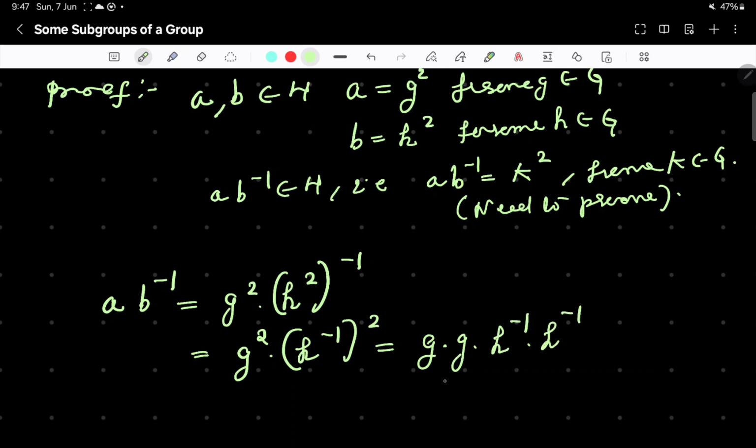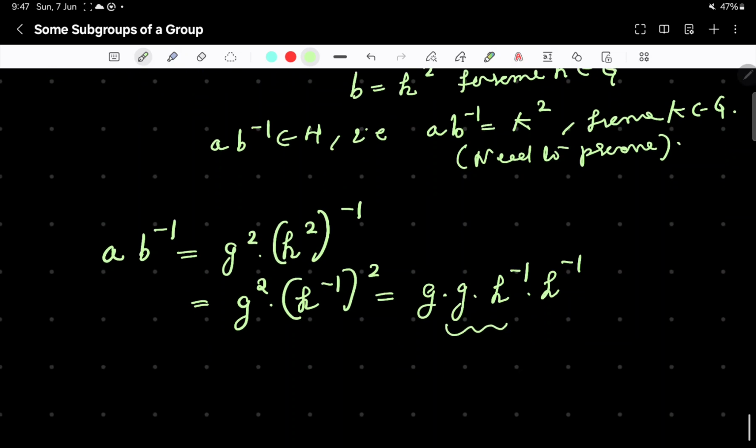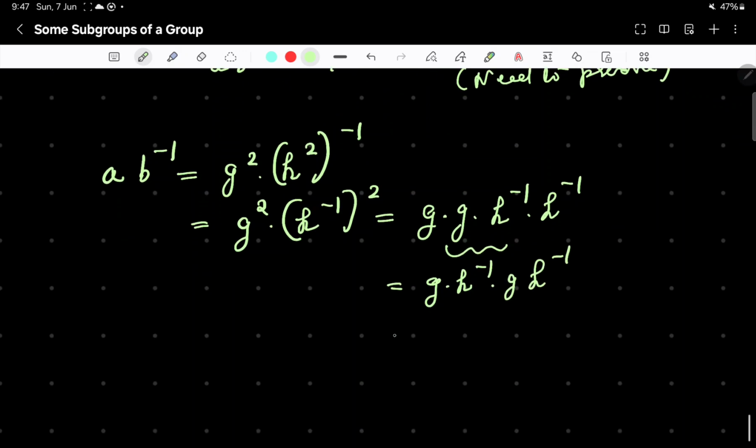Now, since it is an abelian group, you can interchange this, using the commutative property. So it is equal to g h inverse g h inverse. So now this is nothing but g h inverse whole square.